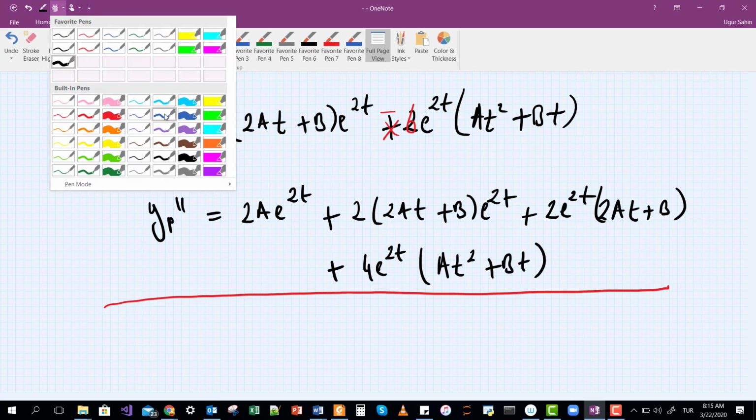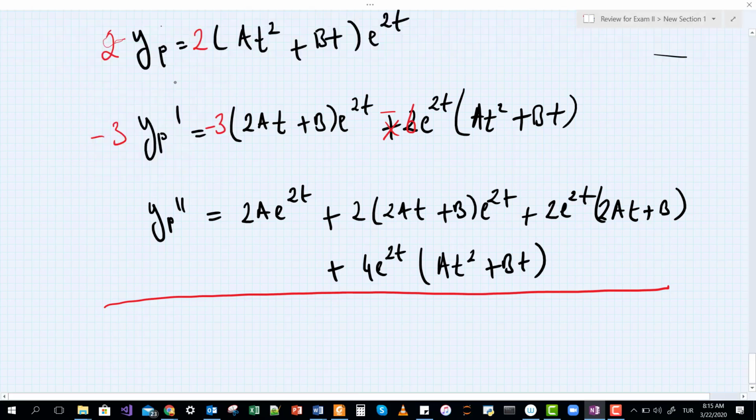So I'm going to do a similar approach. I need to group them. I have the at squared term here, here, and the last one is here. So if I add them, I would have 2a minus 6a and plus 4a.